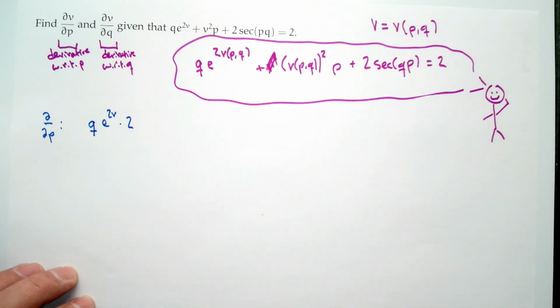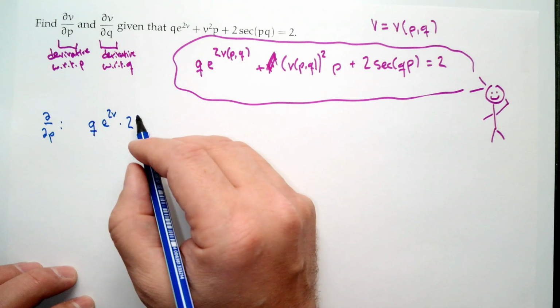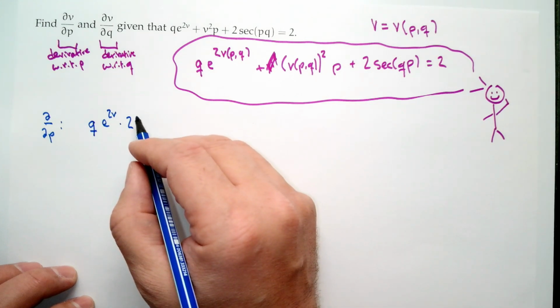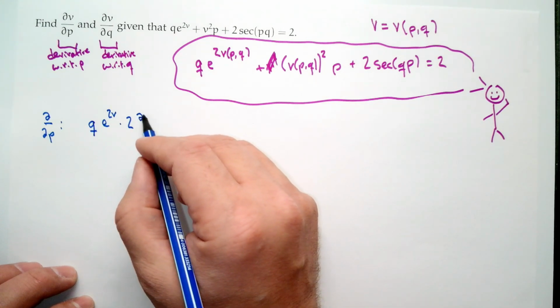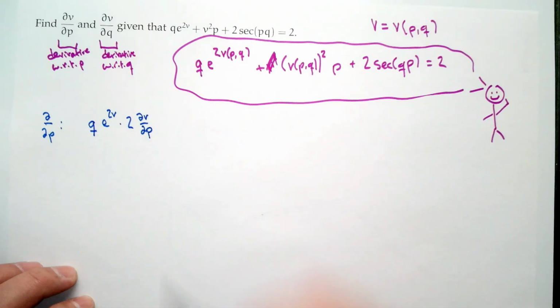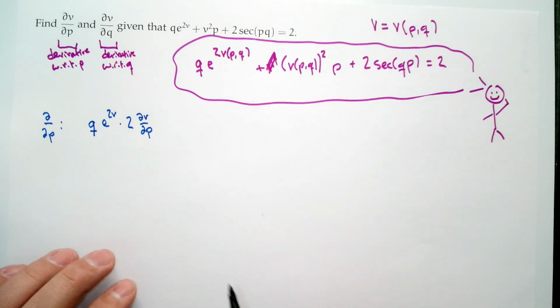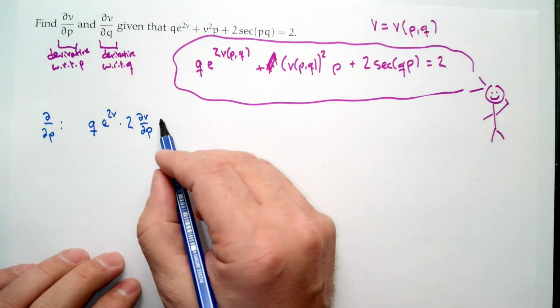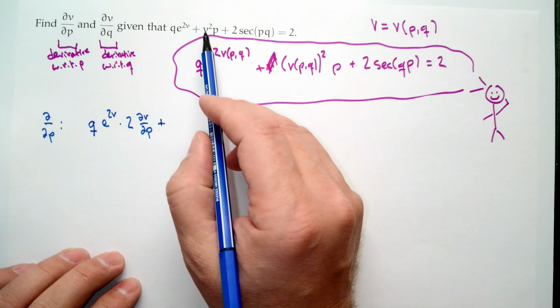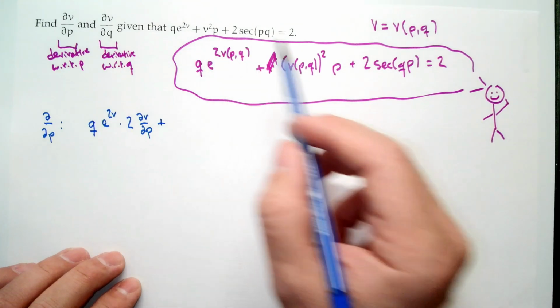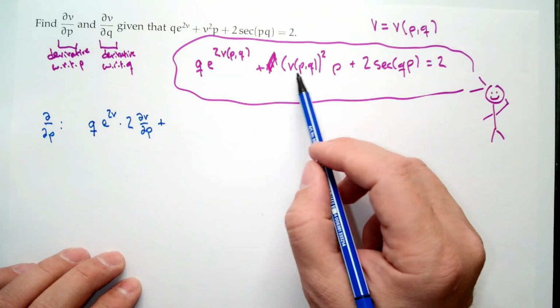And the derivative of v with respect to p is partial v, partial p. So when we get to a point where we have to take the derivative of v with respect to p, we write down that notation. Go to our second term, and it looks like there's only one p, but remember, in our mind, there's actually two.